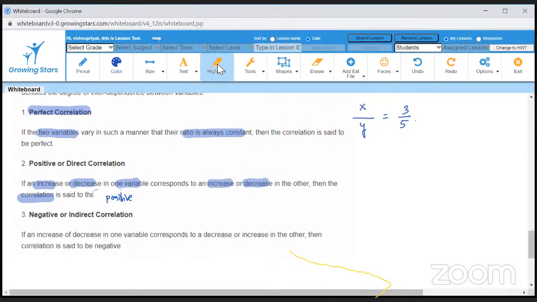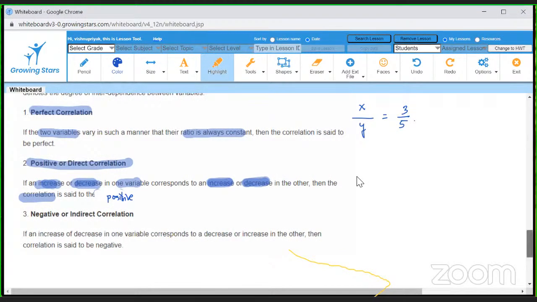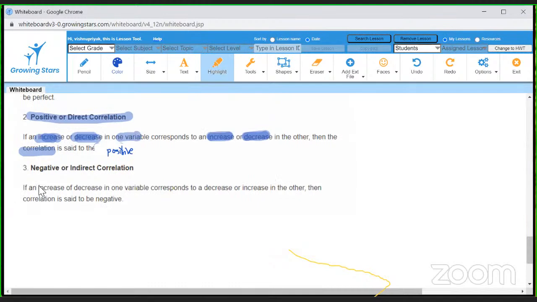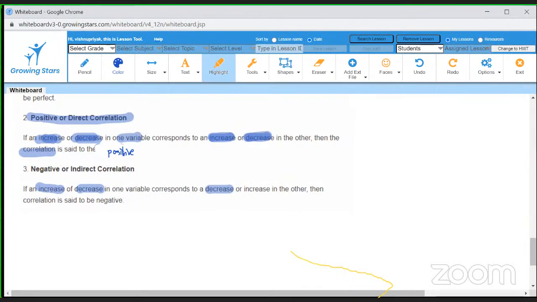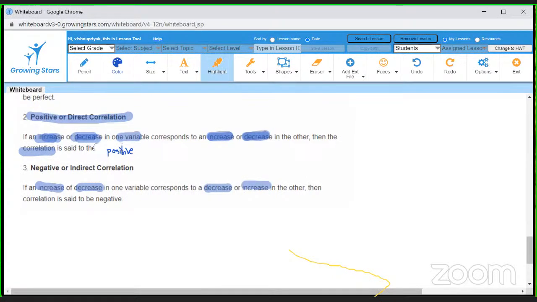If you increase X, Y also increases; if you decrease X, Y also decreases. Then that relation is called positive or direct correlation. But if it occurs the opposite way, if you increase X and Y decreases, or if you decrease X and Y increases, then that relation is called negative correlation or indirect correlation. The next one.